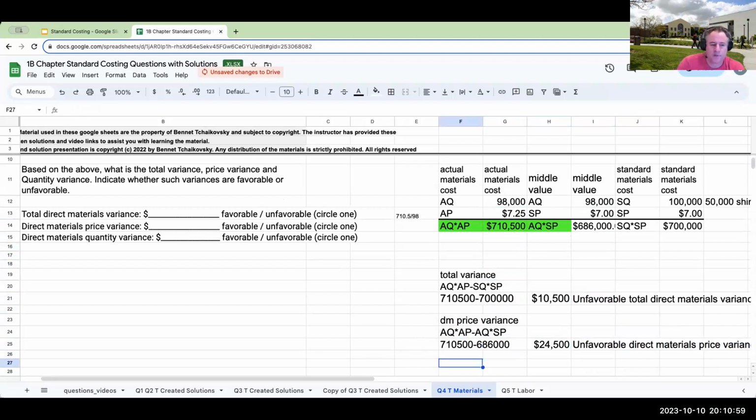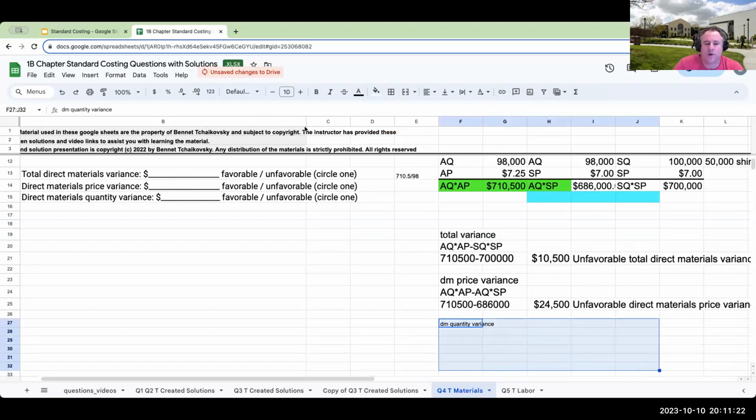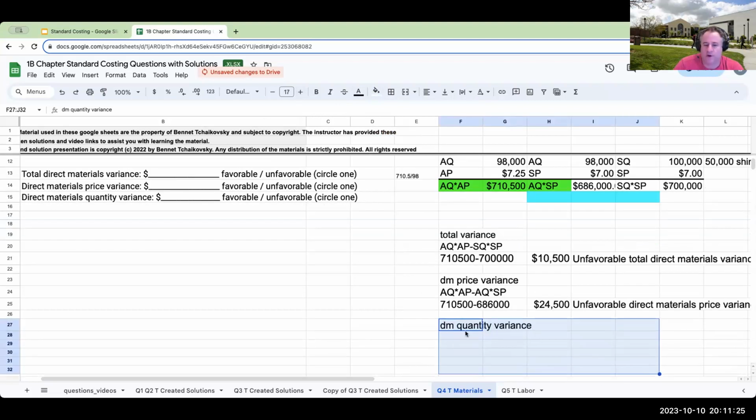Okay. Now, in terms of my direct materials quantity variance, or this part over here now. So we're now going to compare Aquaman and Spider-Man. We're going to do this over here to the standard, or SQ times SP. Really what we're looking at here is how much of this did we actually go through and use? And this is what we call our quantity variance.